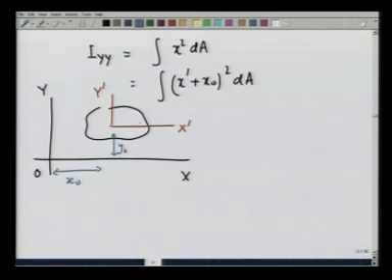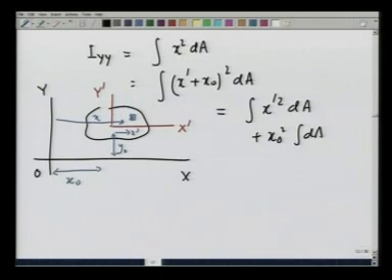So, if I choose an area here, this is x and this is x prime. So, x is x prime plus x0. So, this can be written as integral x prime squared dA plus x0 squared integral dA plus 2 x0 integral x prime dA.